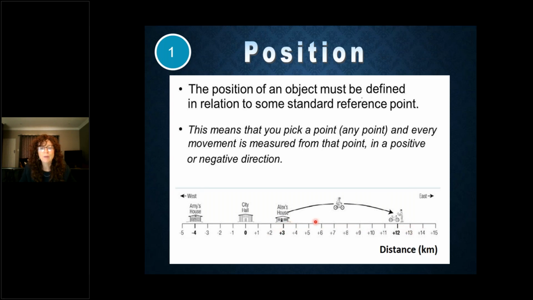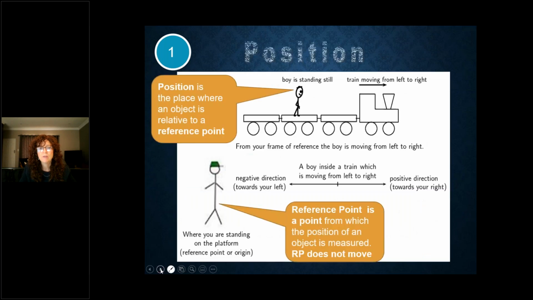If this guy is driving to the left, he will be driving to the west in a negative direction, and east will be in the positive direction. So make sure that you note the direction.